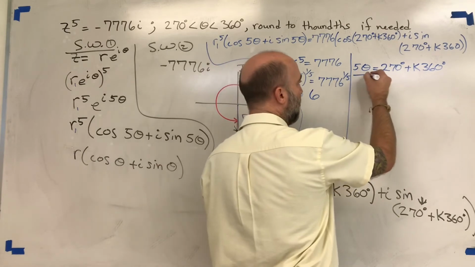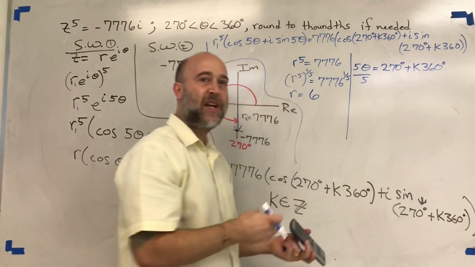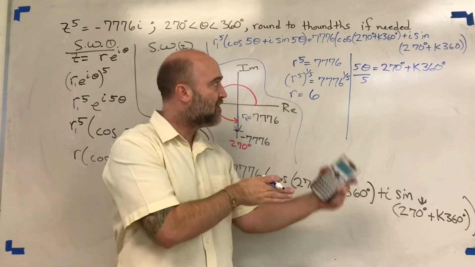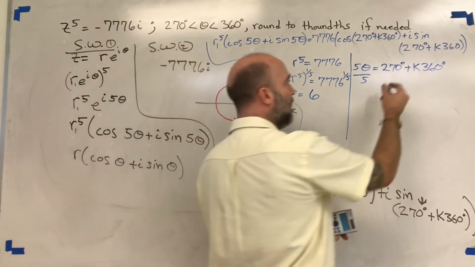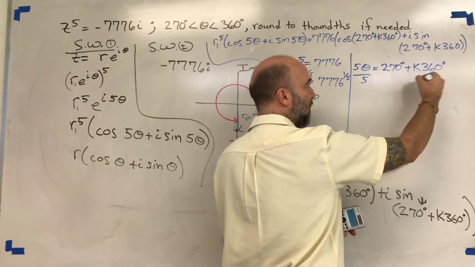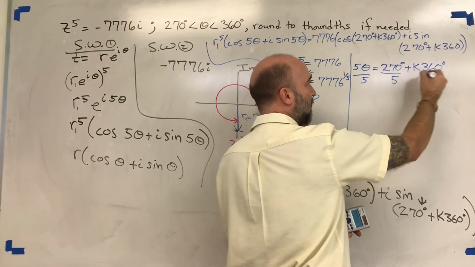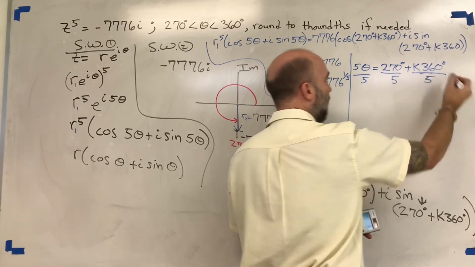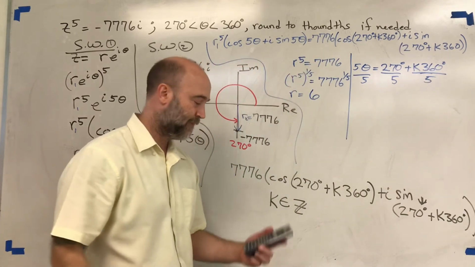So I'm going to divide by 5 here. What you do to one side, you do to the other side. Every term gets divided by 5. Two ways you can draw it: a big 5 over a big fraction bar and then 5. I like to actually show what I'm doing here. So everything gets divided by 5.